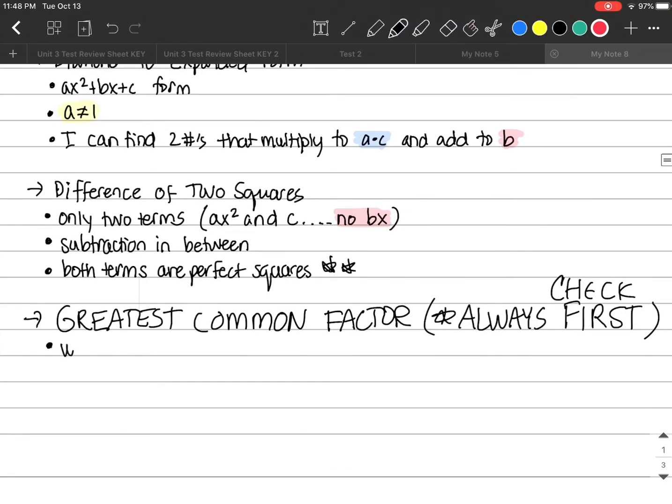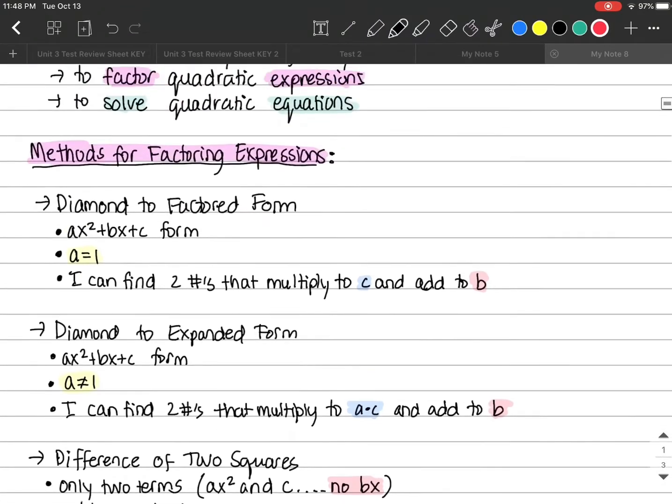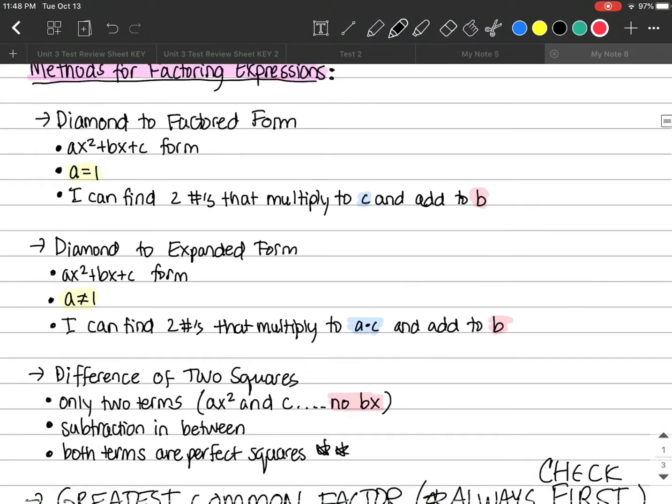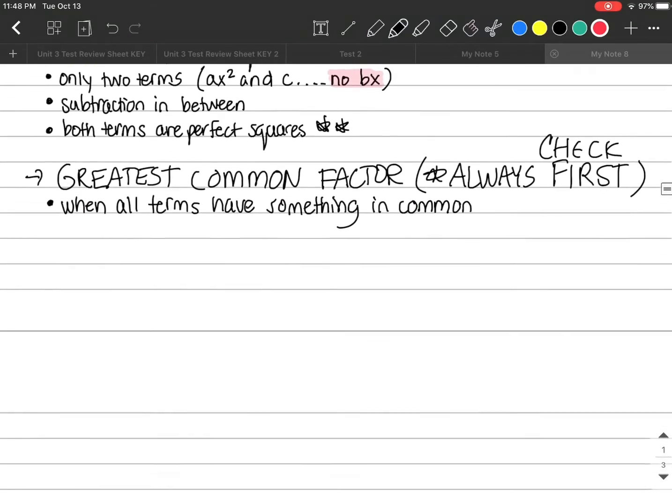I know I can use it when all terms have something in common, and you want to use it first because you'll have to do it at the end if you don't, and it will be harder to remember. So you look for that first. That's the first method of factoring. And then from there, after simplifying, you look to see what you can do based on the other three methods, like what form you have. All right, so that's factoring.